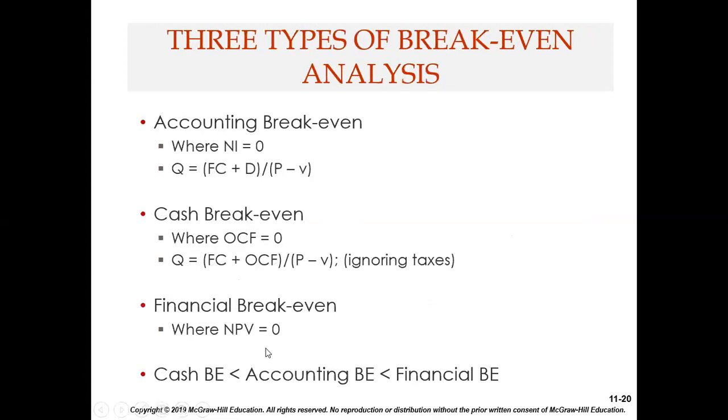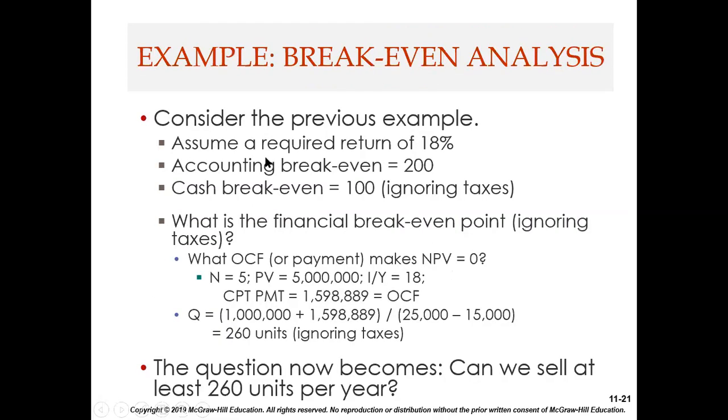Now, the final one is the financial break-even, where net present value is 0. That would mean the present value of our cash inflows equals the $5 million initial investment, since the cash outflow would be $5 million we pay out. If we assume a required rate of return of 18%, what is the financial break-even point?